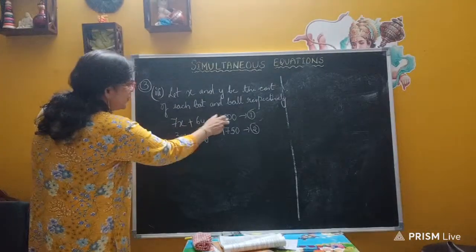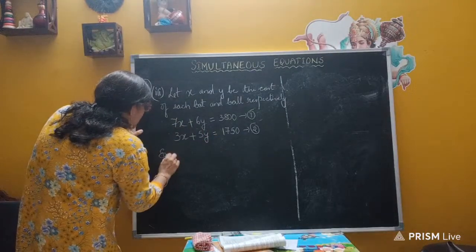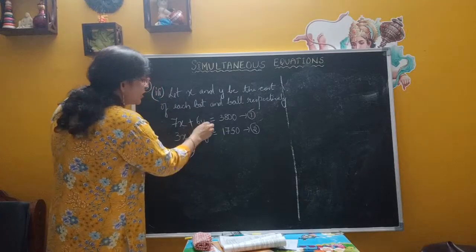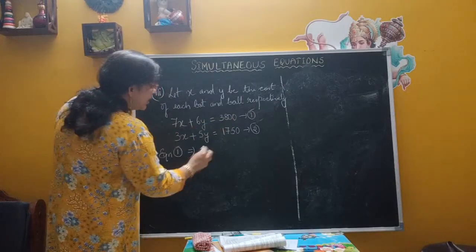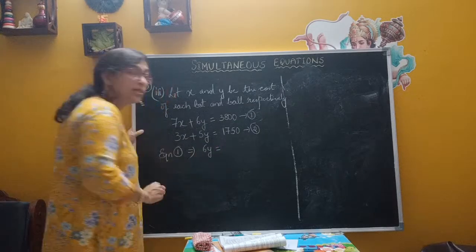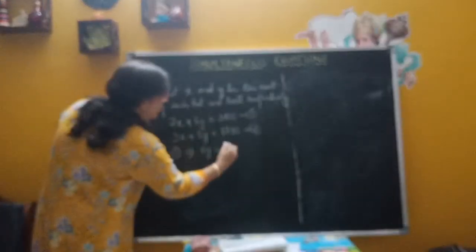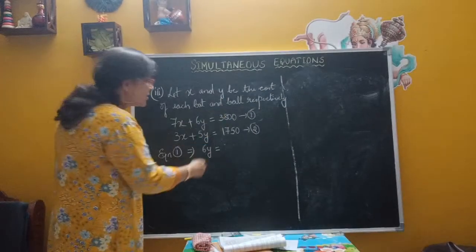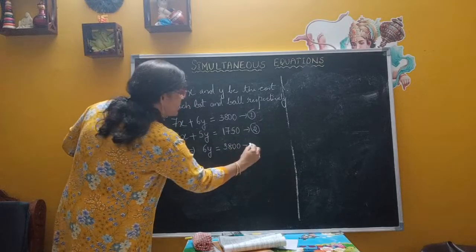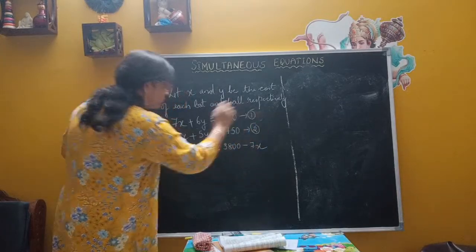So let me write equation 1 as 7x plus 6y is equal to 3800. I'll keep 6y on the LHS. So 6y is equal to, when you shift or transpose 7x to the RHS, it becomes minus 7x, 3800 minus 7x.